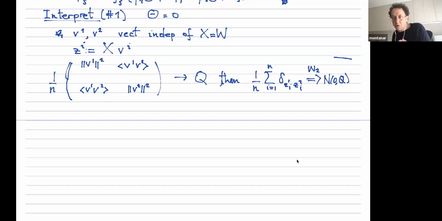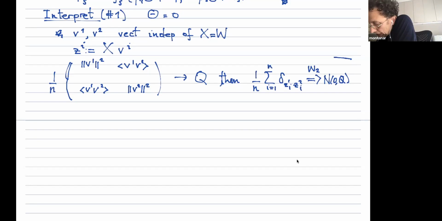So if I take a single vector and I hit it with a GOE matrix, I get a vector with approximately Gaussian entries, and if I take two vectors and hit them with the same Gaussian matrix, you get jointly Gaussian vectors.